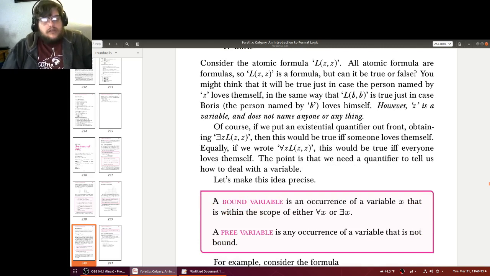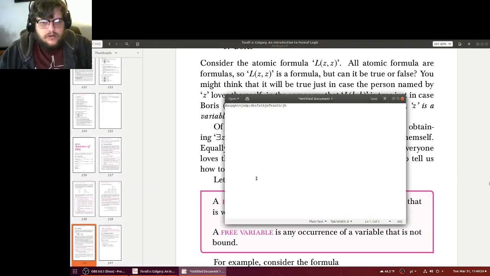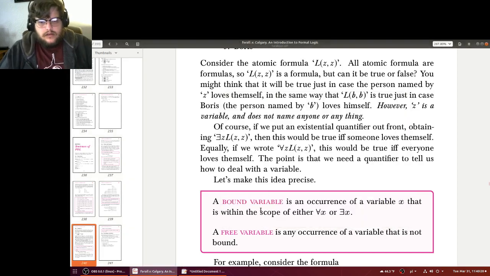If you've had Calculus 3, for example, one thing I often do in there is talk about what free variables are. In Calculus 3, for instance, if you have a function of two variables, the x and y are sort of free, but the z, the height, is a function of those.